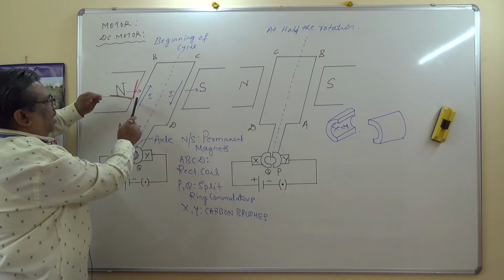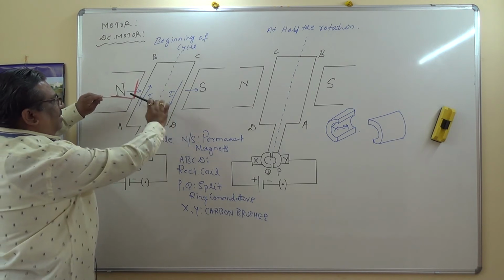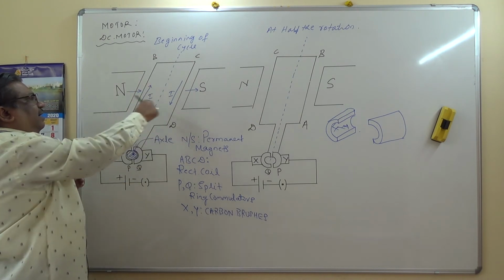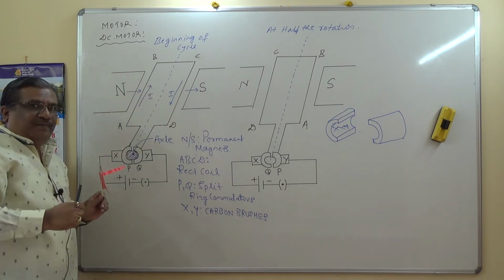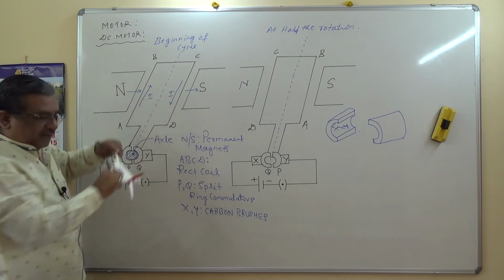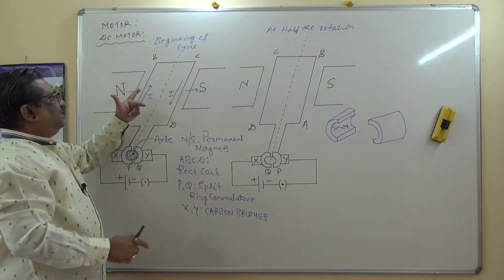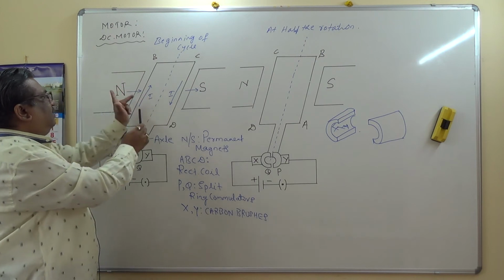This is how it is. This is the direction of the magnetic field. This is the direction of the current, and the arm moves this way, or I will say the arm moves downward now. So like this: N to S, index finger, current this way.